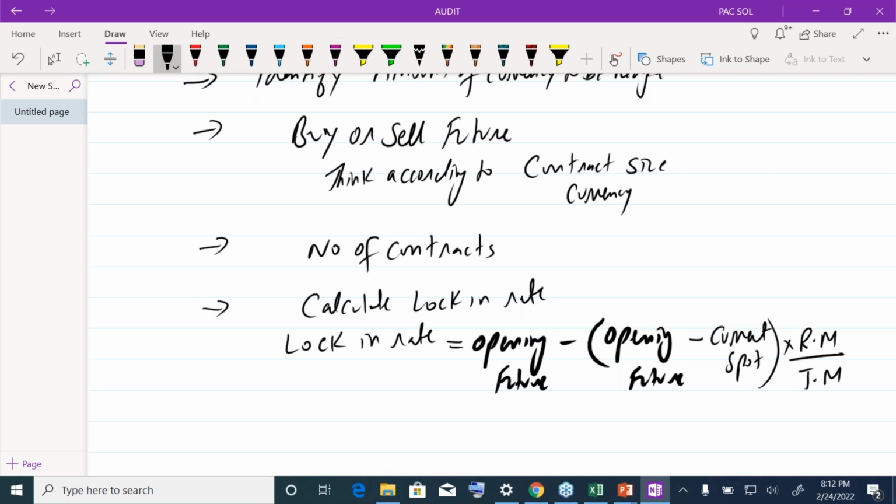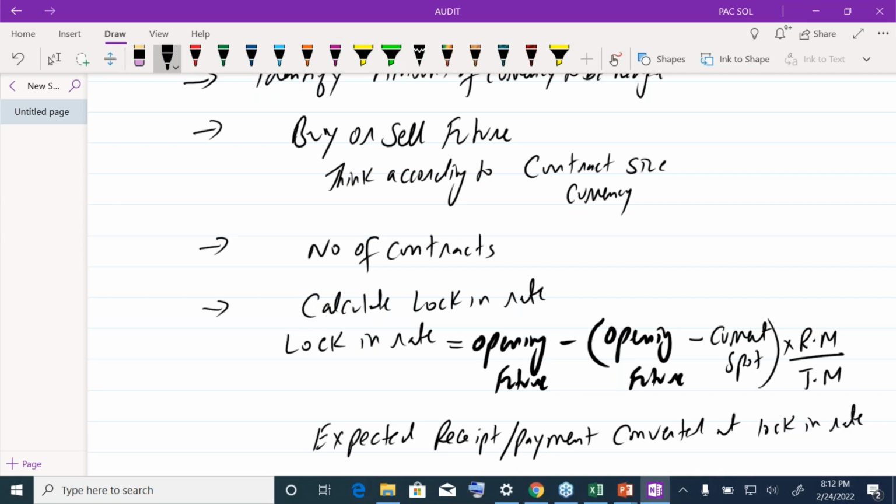Once you are able to calculate the lock-in rate, that means you have done the maximum part. Then you will write the expected receipt or payment converted at the lock-in rate.